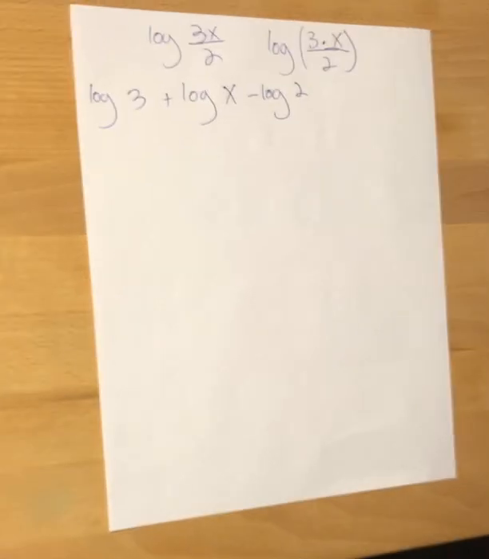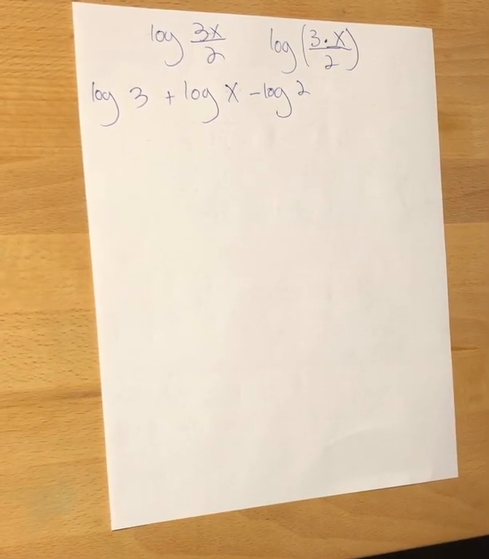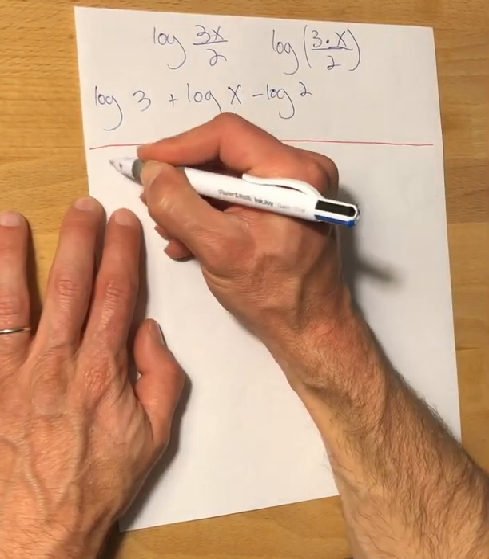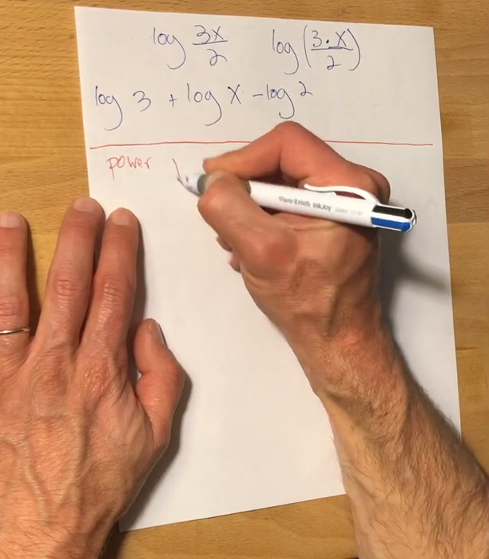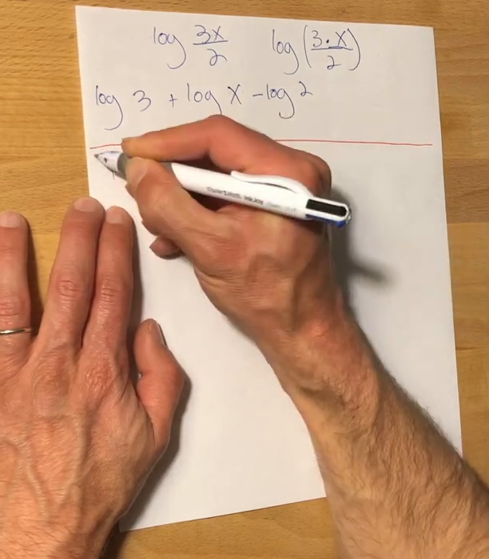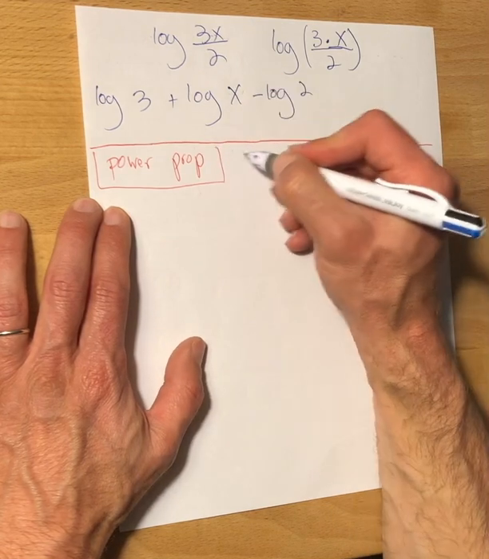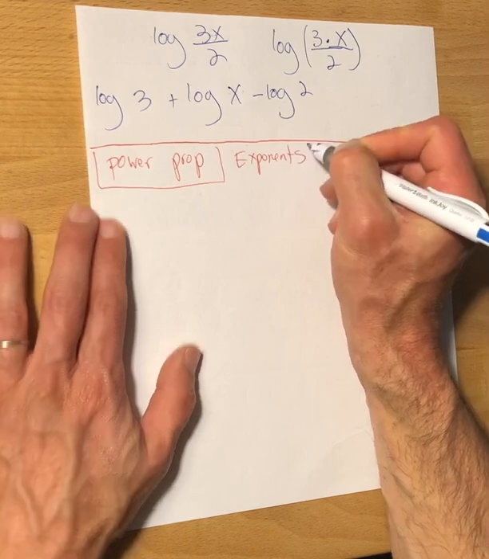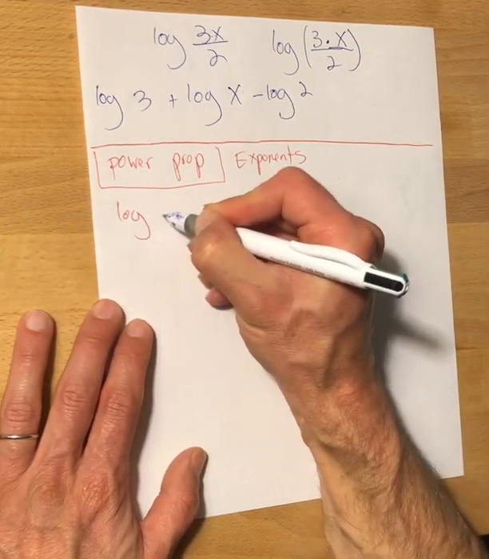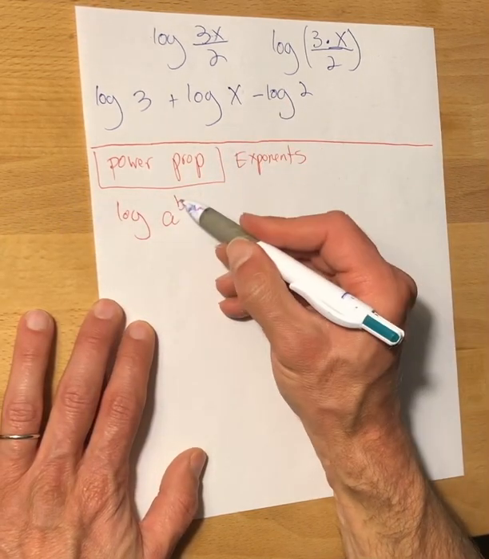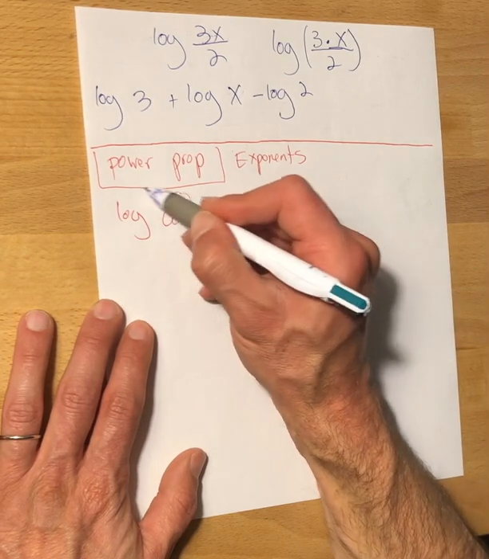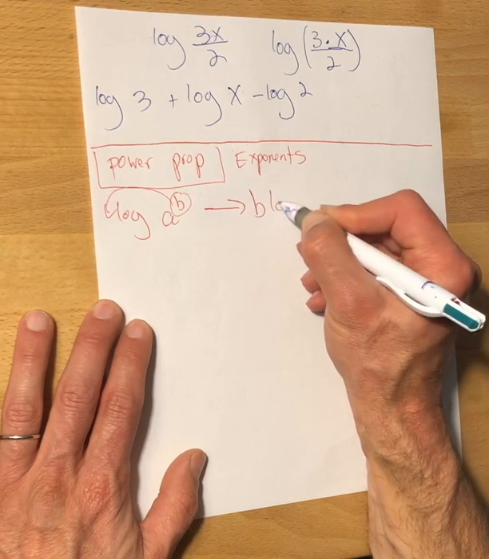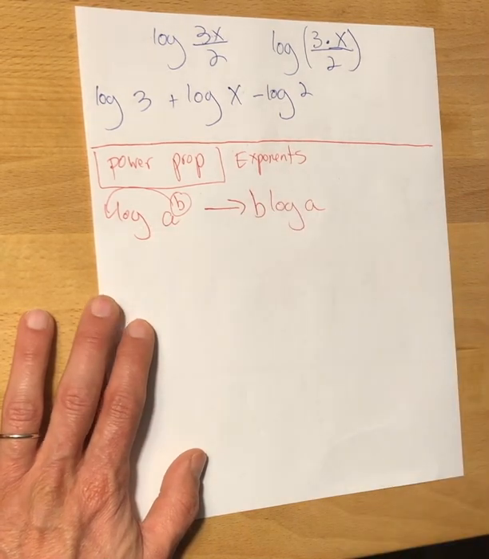It's a very, very simple property, and it's all about exponents. The property goes like this: if you have log a to the b power, this b is the same thing as going in front of it and saying b times log a. These two are the exact same thing.